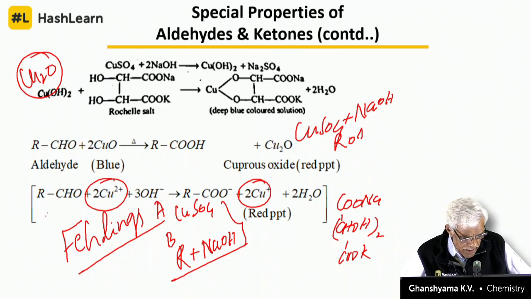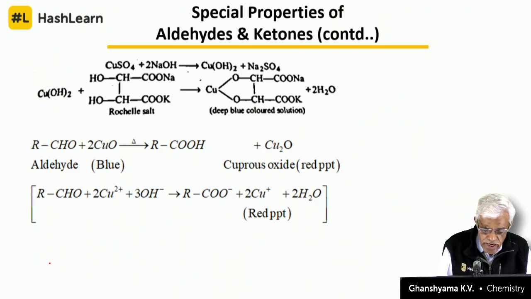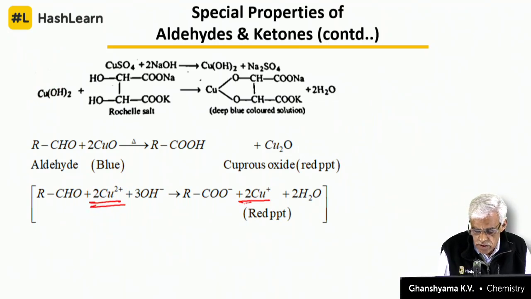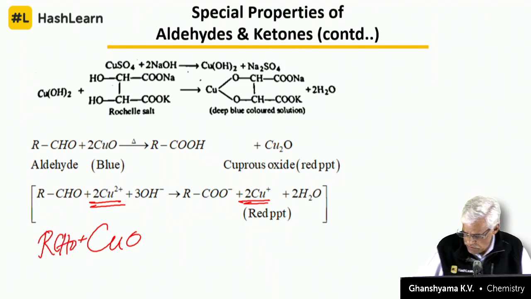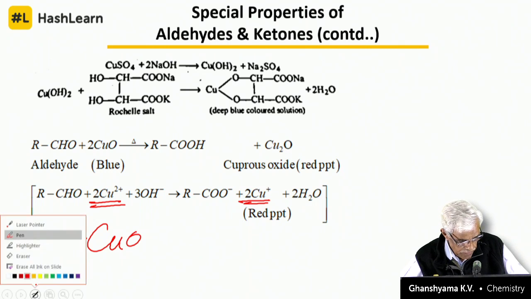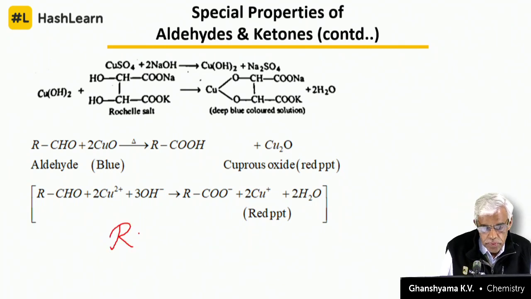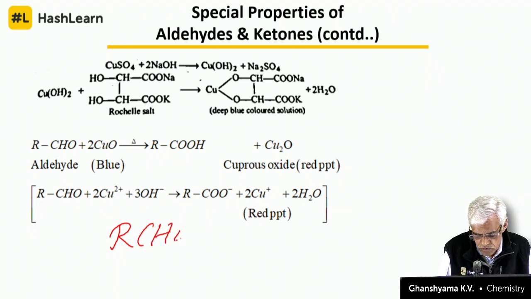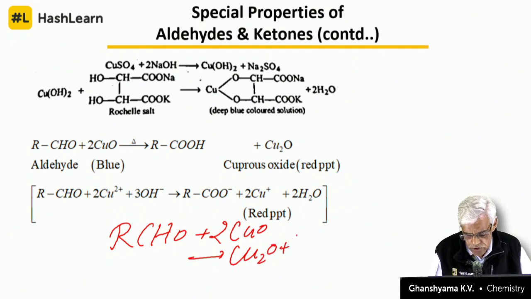So, aldehydes reduce Cu2 plus into Cu plus. Simple reaction, RCHO plus 2CuO gives rise to red precipitate of cuprous oxide and RCOOH.